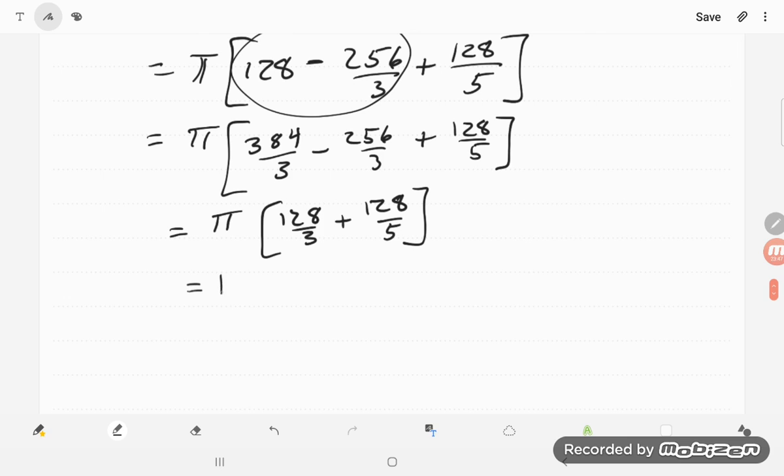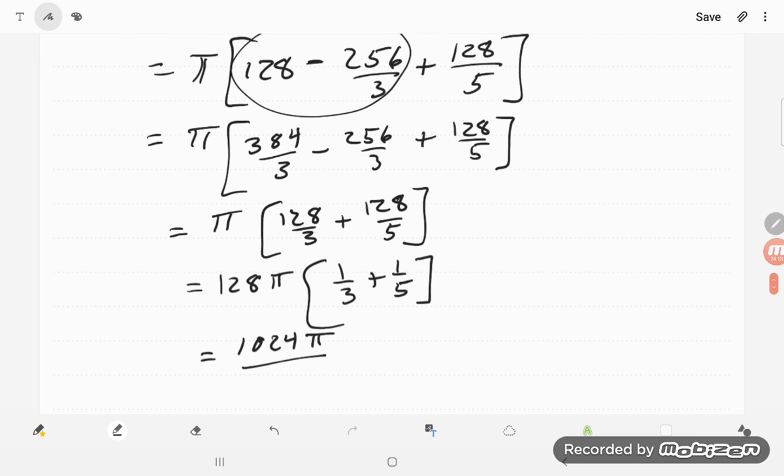And so once again, pull out 128 pi, and then we've done the 1/3 plus 1/5 before. That was 8/15. And unfortunately, nothing cancels. So 8 times 128 is 1024 pi over 15.